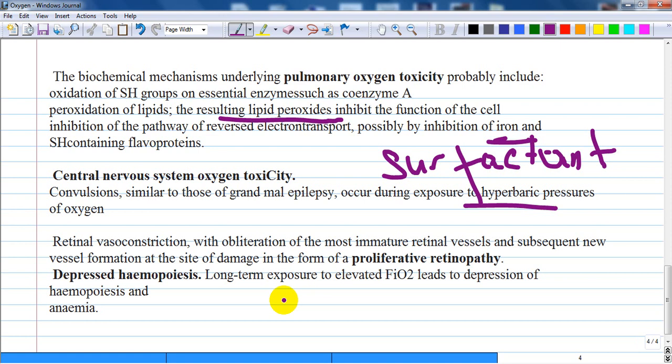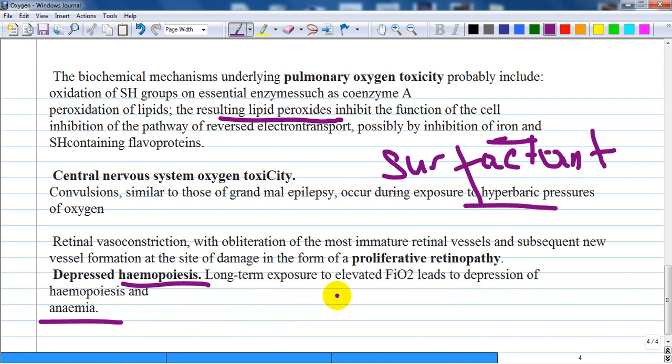Leakage of intravascular fluids leads to vitreoretinal adhesions and even retinal detachment. In the hematopoietic system, long-term exposure to an elevated fraction of oxygen leads to depression of hematopoiesis and, of course, anemia.